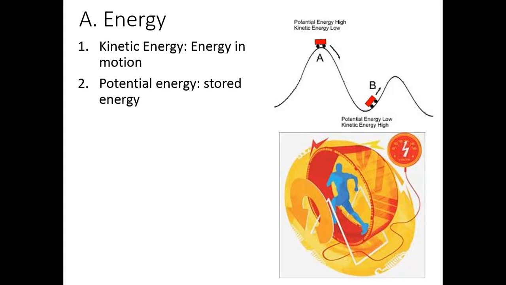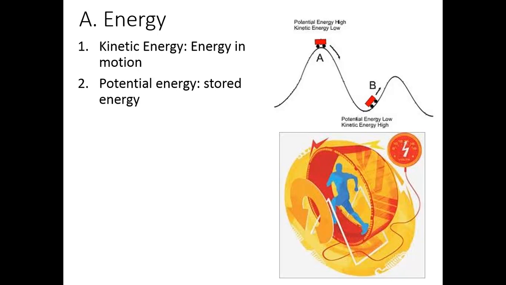Or also, you can think of potential energy being stored in this roller coaster example. So a roller coaster at the top of the tracks has lots of potential energy. It can be sitting still, not doing anything, but because it's high and the force of gravity will pull on it, it has a high potential energy.